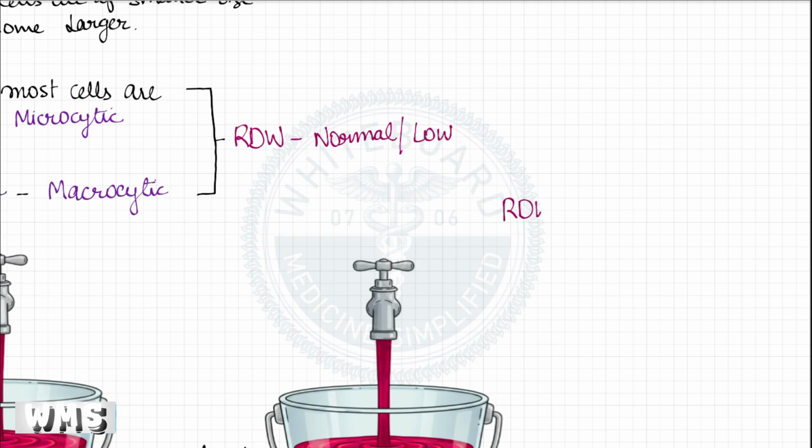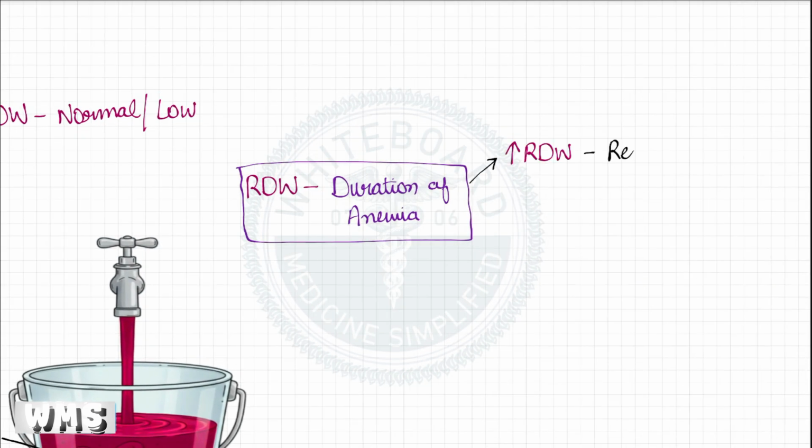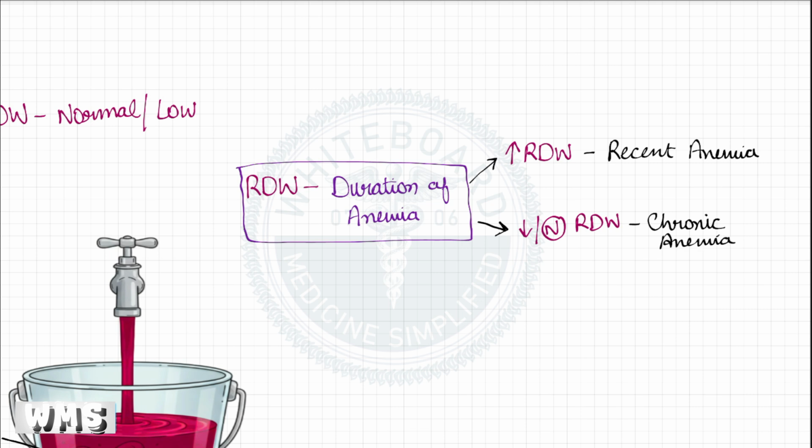So RDW also gives us a clue about the duration of anemia. A high RDW usually indicates a recent or evolving anemia, where normal and abnormal cells coexist. A low or normal RDW suggests a long-standing anemia, where most cells have become uniformly small or uniformly large.